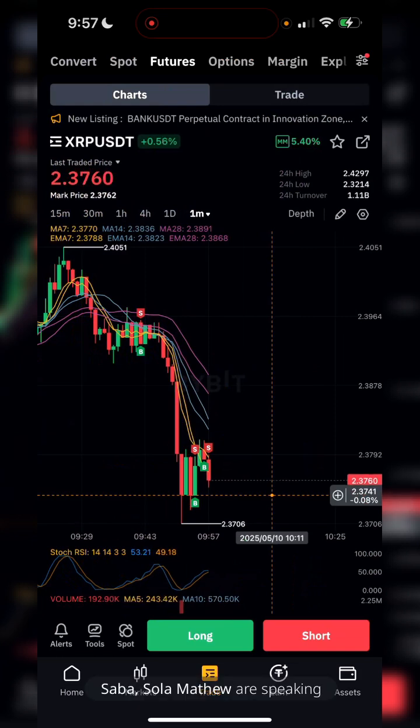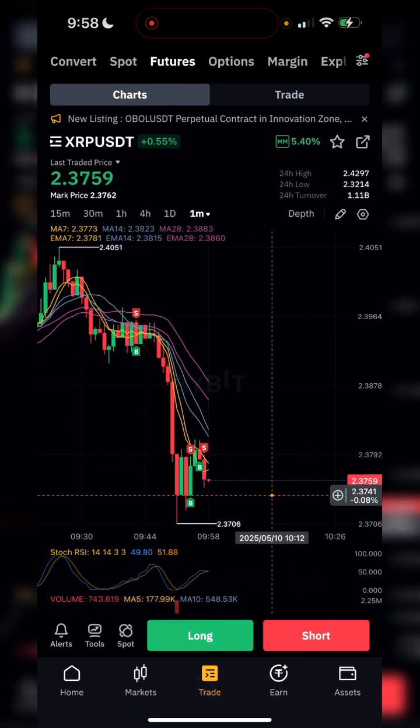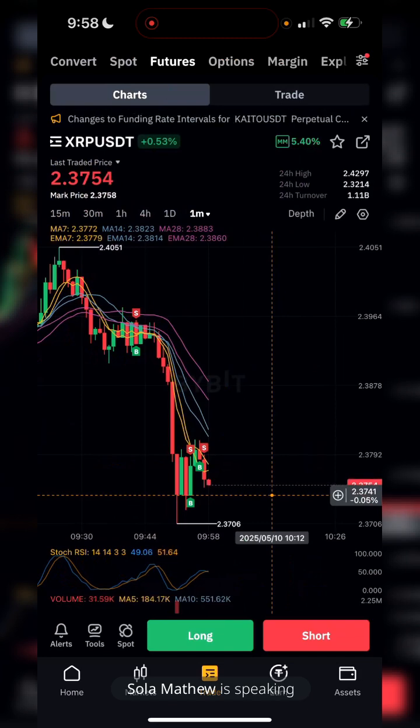You see that place? That's 2.3741. Yes. There is a high chance it will bounce up. Look at what is going to happen. Do you see? Now it's not even touching it again because that place is a resistance level.